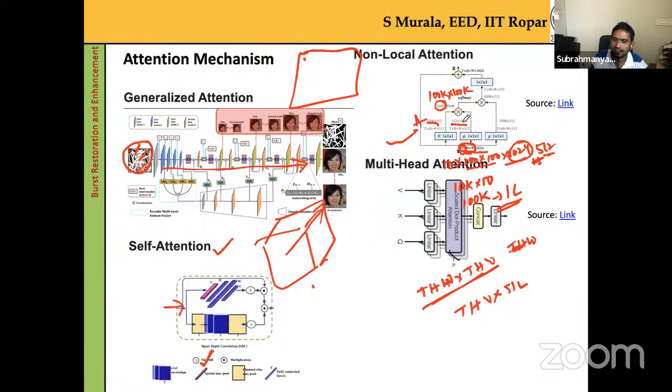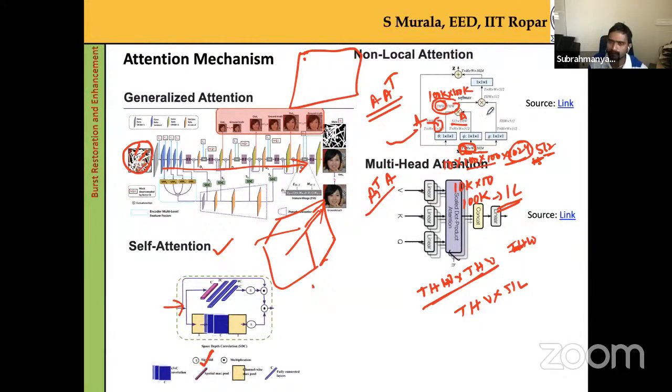If it is A and A transpose, multiplying A into A transpose gives this huge size. But if I multiply A transpose into A, what will I get? I will get 512 by 512 size, which is 512 by THW multiplied with THW by 512. So multiplication is possible here. Your resultant size is 512 by 512, whatever the image size. Even if you take a 512 by 512 image for processing, ultimately you get 512 by 512. Even with a 1K by 1K image, you will get 512 by 512 only.